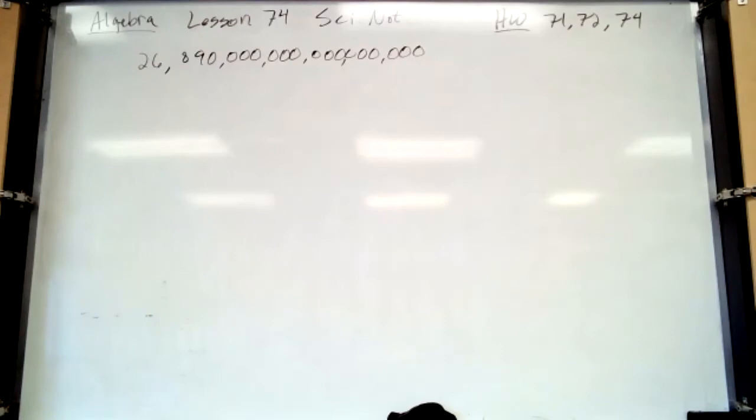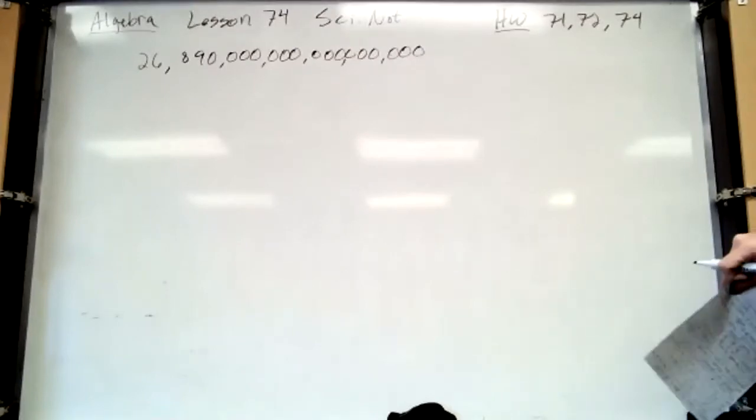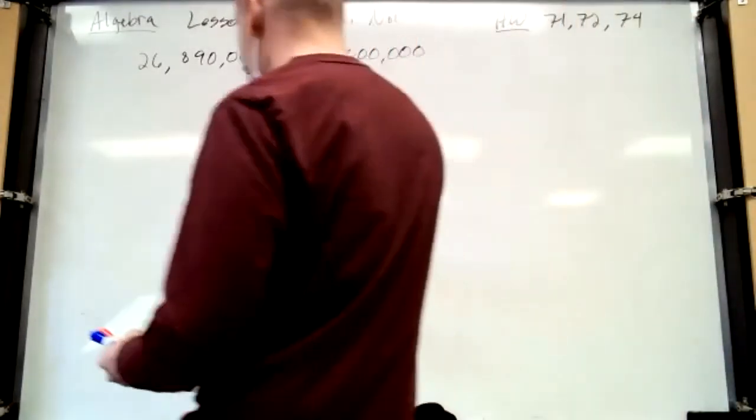And then what comes after quad? Starts with the Q as well. Quintillion. So you've got 26 quintillion, 890 quadrillion. That's how you say that. So no one wants to say that, right? So we use scientific notation.